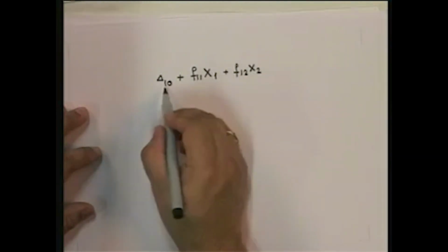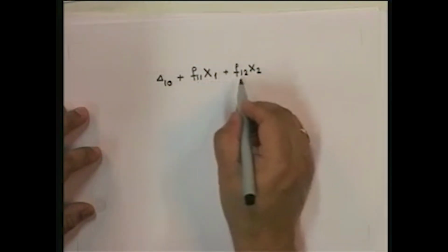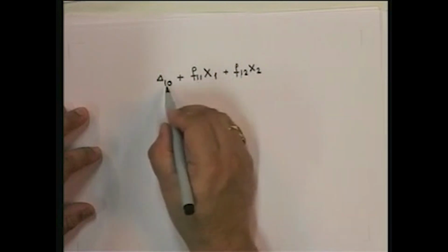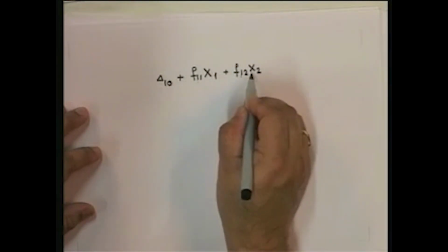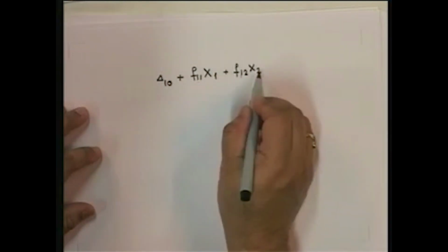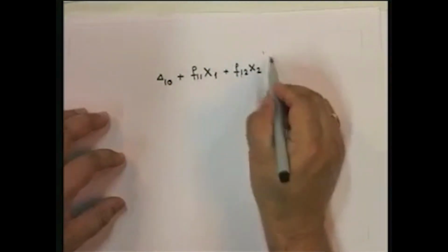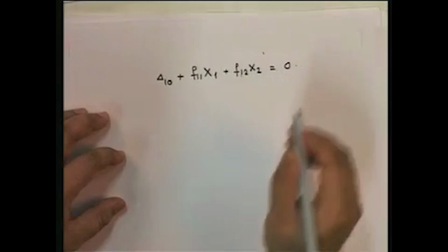Displacement at 1 due to loading, due to x1, and due to x2. If you add all three up, that is the original structure. What is the displacement in the original structure? Those 2 points cannot move. So the displacement in the original structure is this.